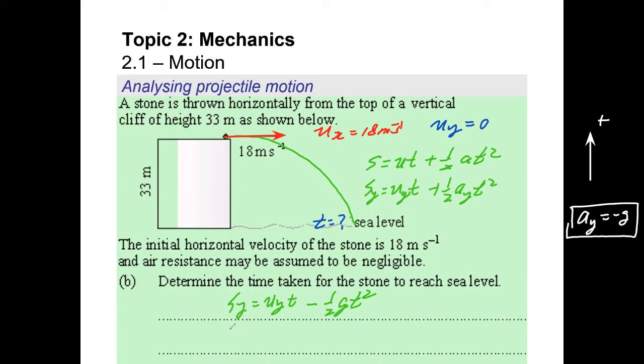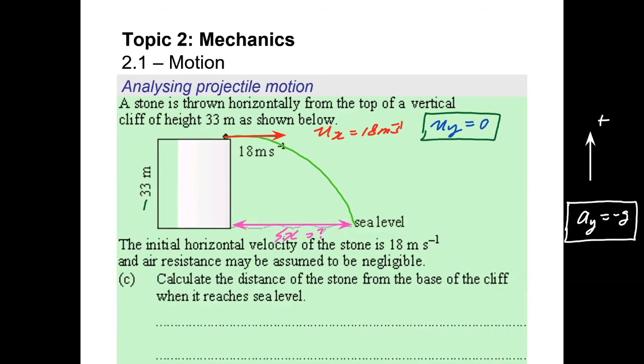Since we choose upward as positive, the downward displacement becomes negative. So minus 33 equals initial velocity in y component, which is 0 as the object is traveling horizontally initially, so 0 times t minus 1 over 2 times 9.81 t squared. If we solve this, t equals 2.6 seconds.